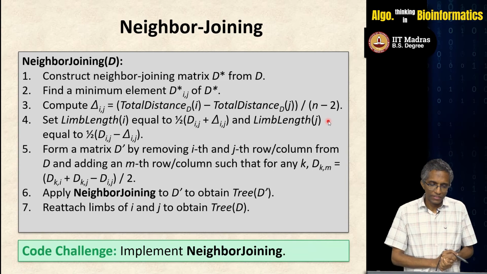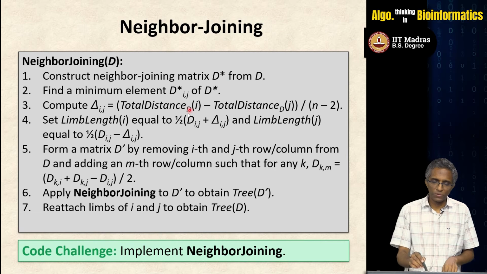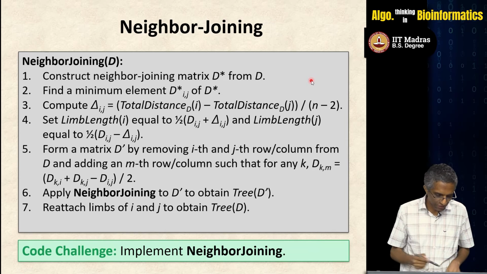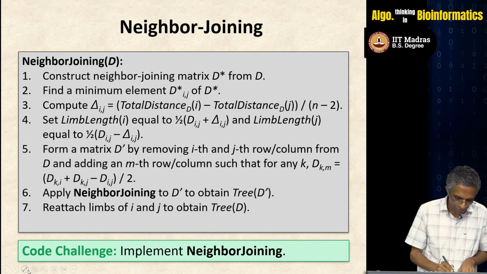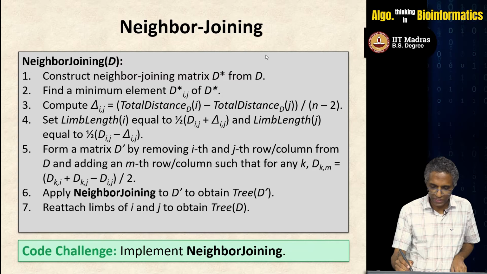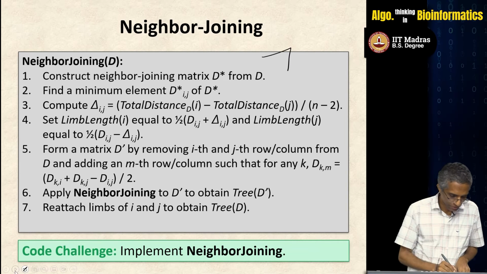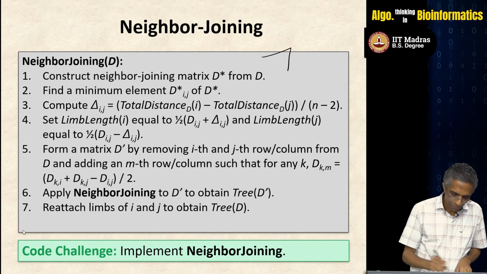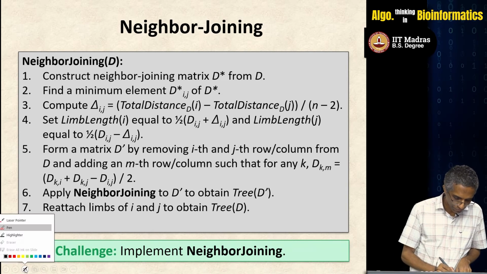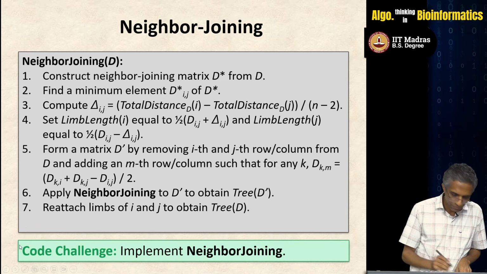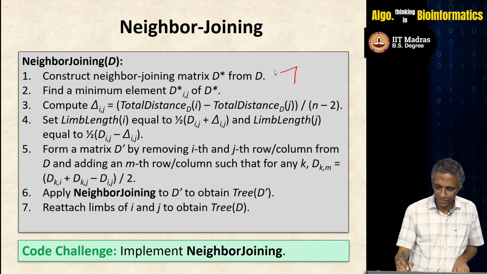Okay. And if you had a perfect additive matrix, you do not have to calculate the distance of i to every other leaf or j to every other leaf, right. That we have already seen before. So, you know that i and j is a cherry.